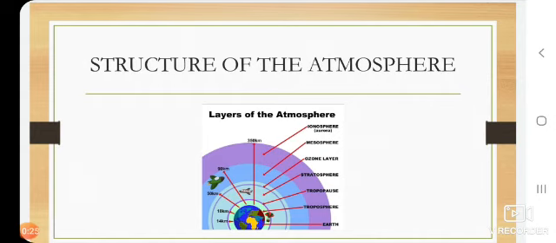Let me quickly revise, children, the different layers of the atmosphere: first the troposphere, then the stratosphere, mesosphere, and thermosphere, which is again divided into the ionosphere and exosphere. Refer to the textbook, children, for the characteristics of each and the diagram, which is very, very important from the examination point of view.